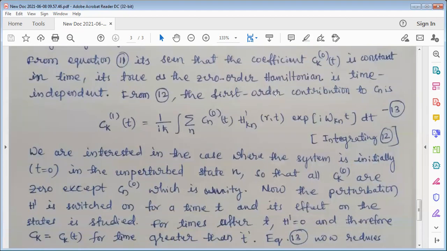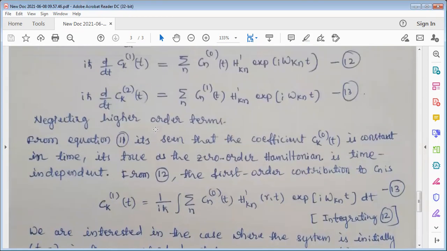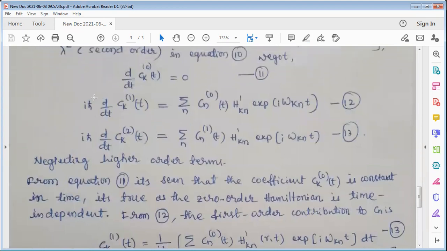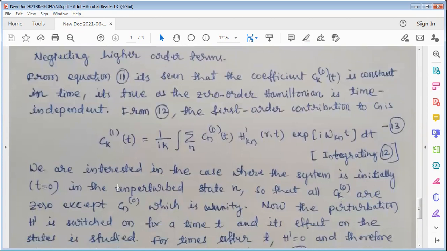And from equation 12, the first order contribution to ck is given by equation 12. Just integrate this equation 12 and send this ih cross to the RHS, you will get this equation. So ck1 of t is equal to 1 by h cross, and this thing is that.